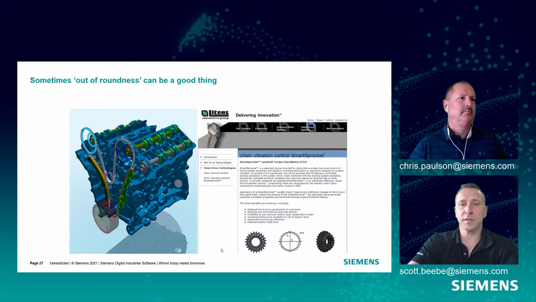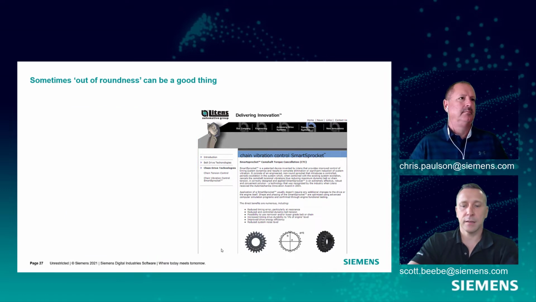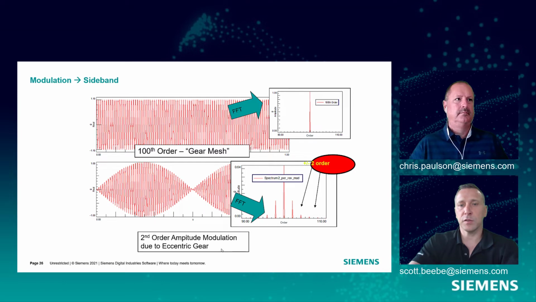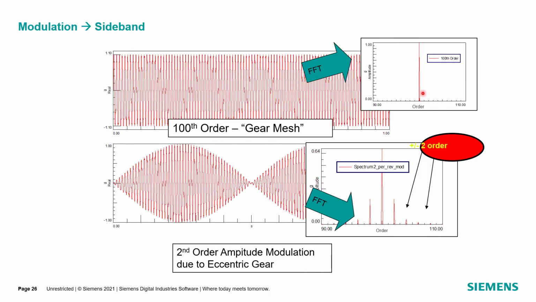And if we go back to this slide quickly, you can see that this 100th order that's perfectly meshed has an amplitude of 1, but with this oblong gear, that main order actually reduces, and the amplitude is lower than what it is here. So there's actually some benefits to this.